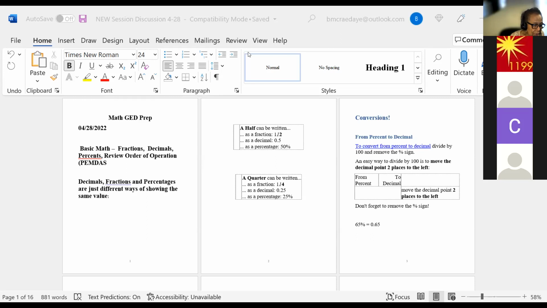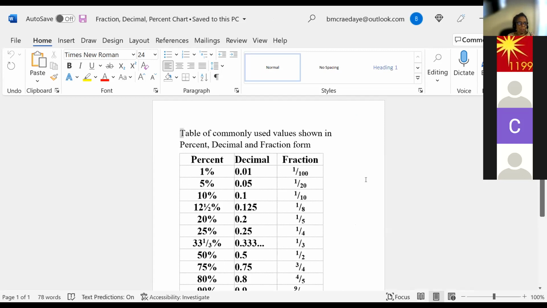Oh, the percent chart. Do you see the percent chart? Yes, I do. Okay, so you have percent, decimal, fraction.